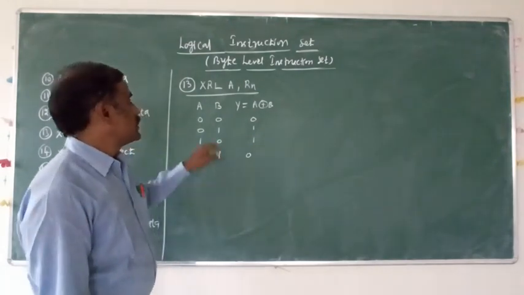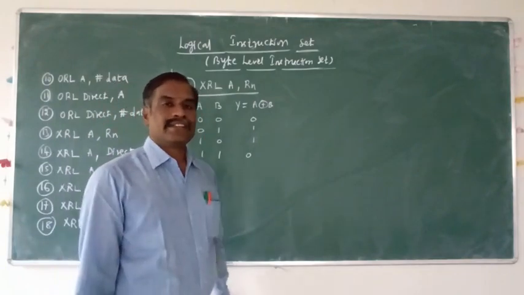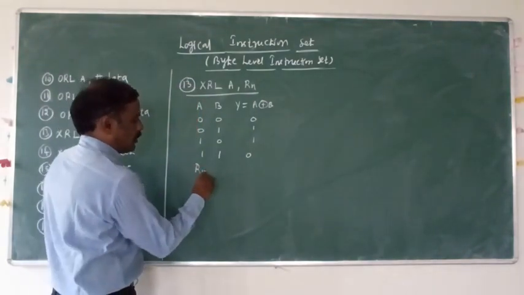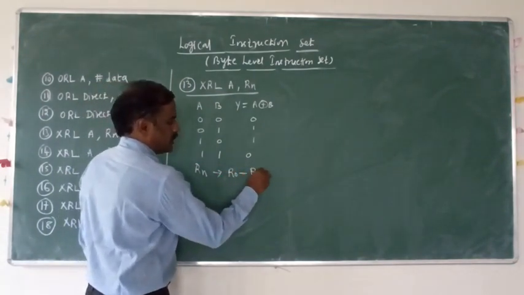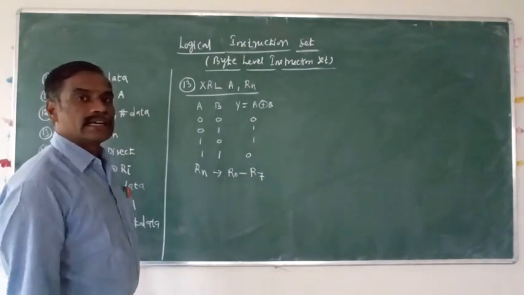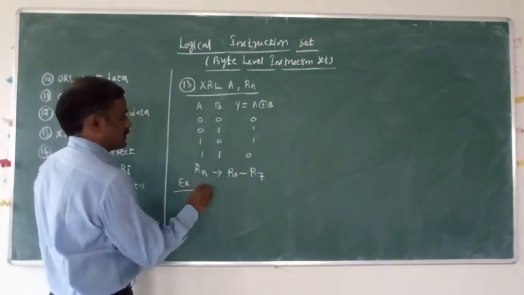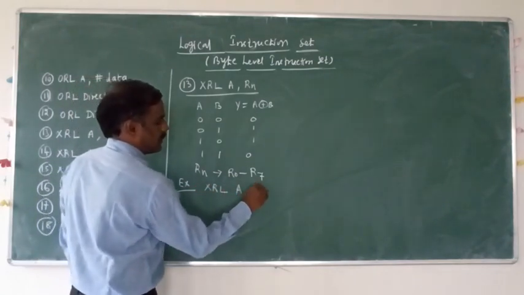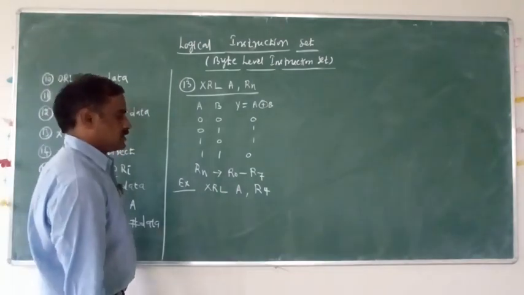Here, exclusive OR the accumulator with any given working register. Here Rn means R0 to R7, any working register. Example: XRL A, R4.